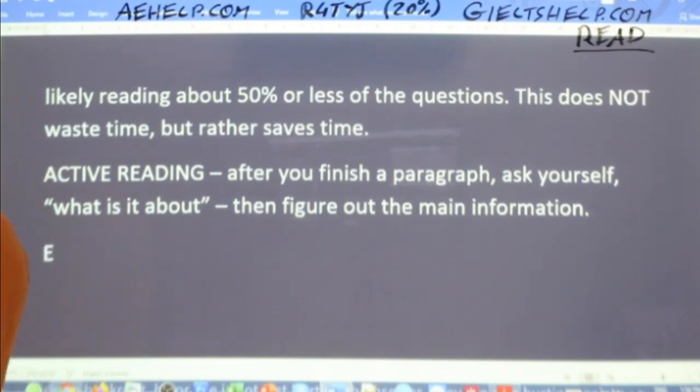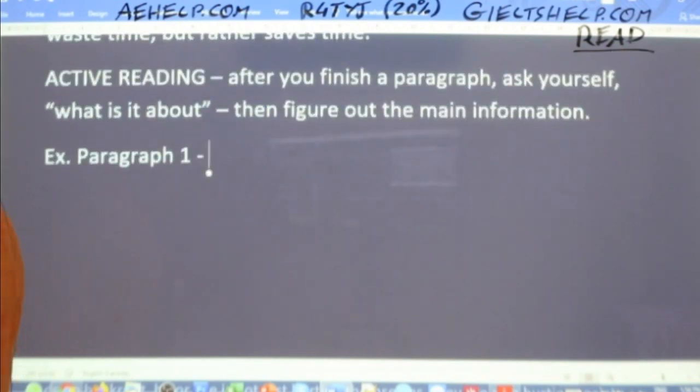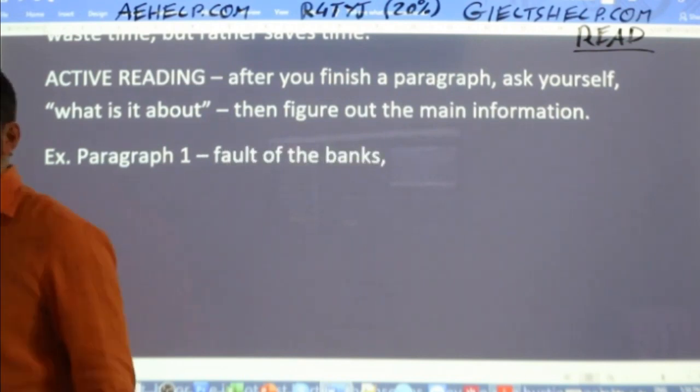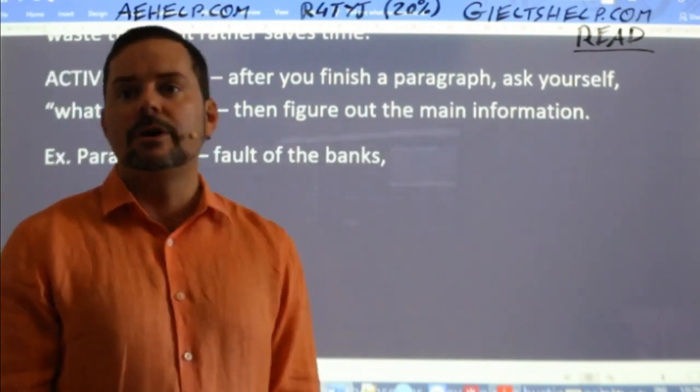Okay? So for example, here with paragraph 1, the main information has something to do with fault of the banks. Okay, sure. And I'm sure that will be expressed more.